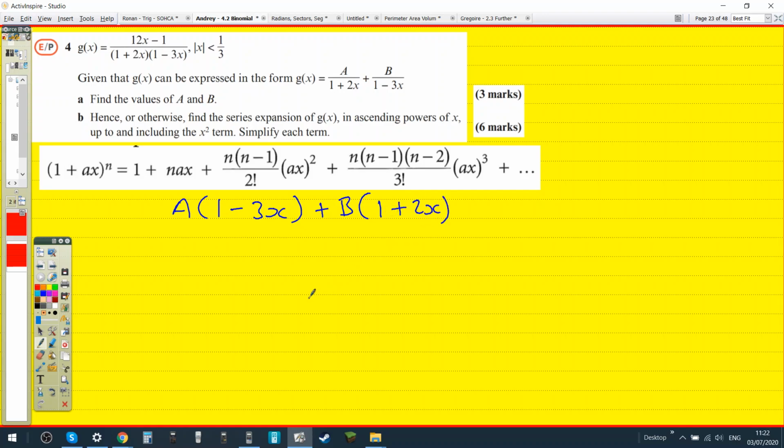Yep. And then equals 12x minus 1. Yeah. And then now I just need to do... Do I now need to do x is equal to a third and x is equal to minus a half? Yep.